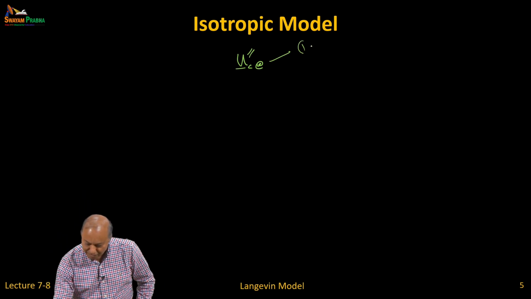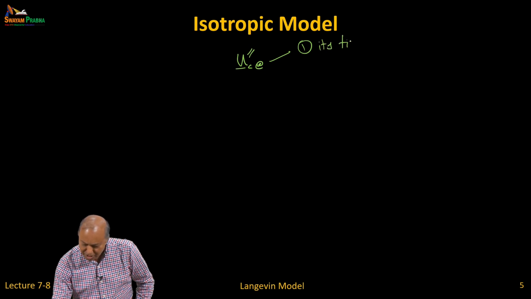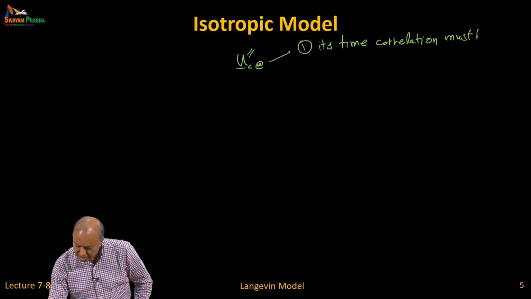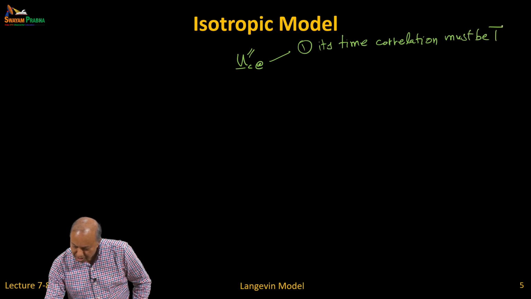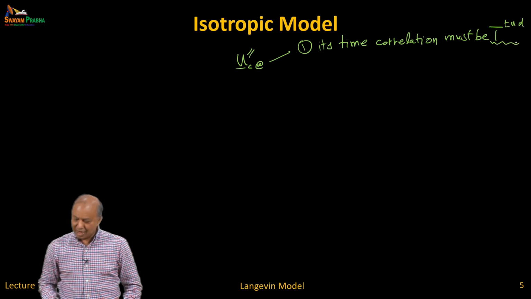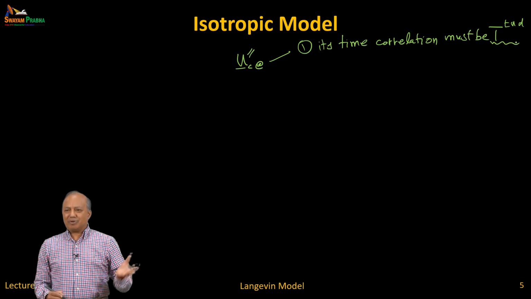One restriction is that its time correlation must be some t. I will describe all these things a little later in the next lecture. So it must remember for a while.